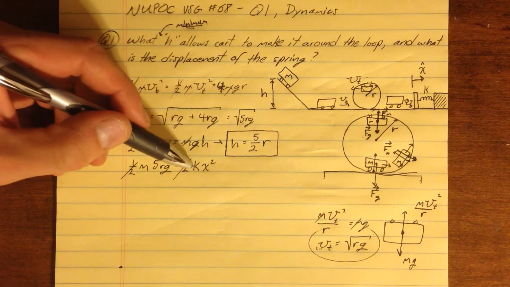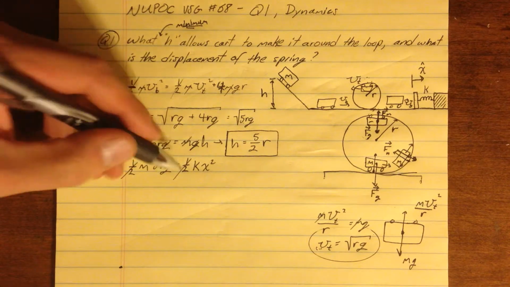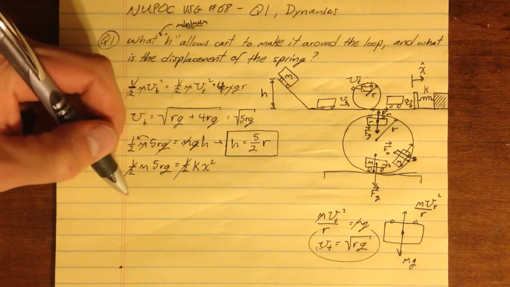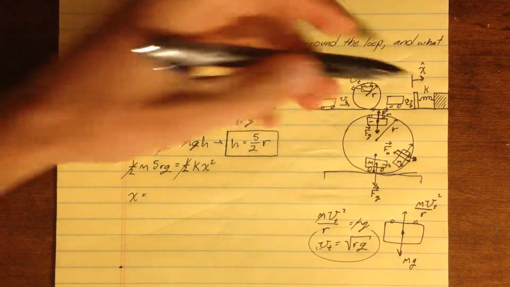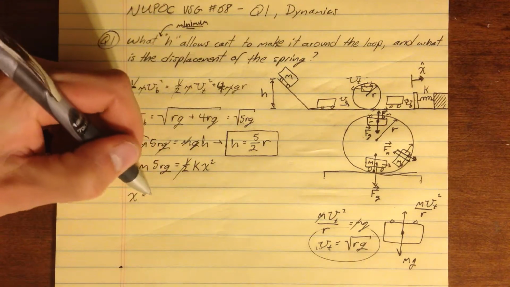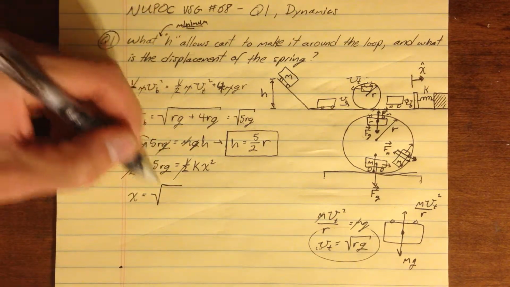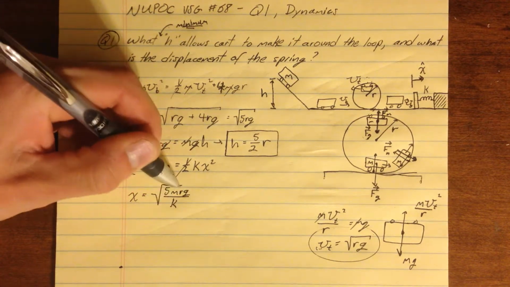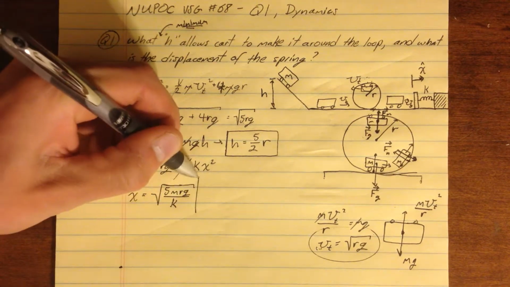We can bring the k to the other side of the equation and take the square root, and again we'll take the positive root, and we'll say that the displacement x, starting from this point here and positive in this direction, is root 5 m r g over k.